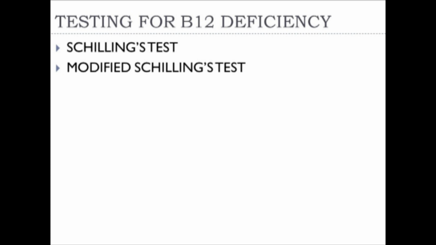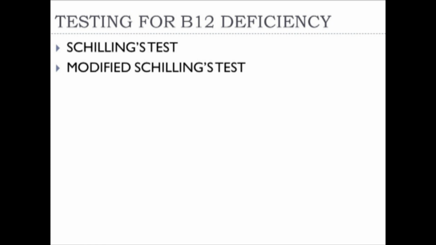So in that sense, the Schilling's test is really confirming that the reason for the low B12 is because of poor absorption, and the reason for the poor absorption is that the body is lacking the intrinsic factor which is necessary for the absorption of B12 in the ileum.